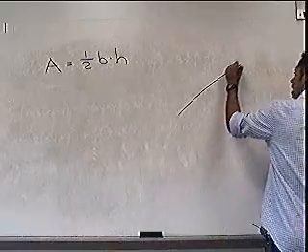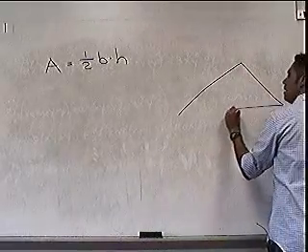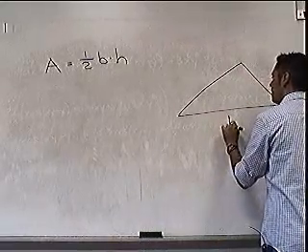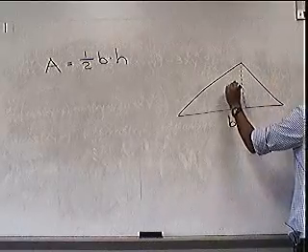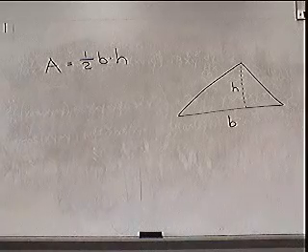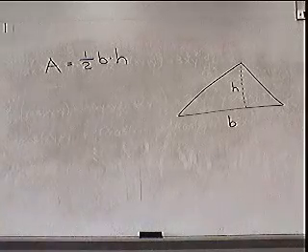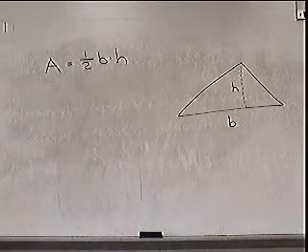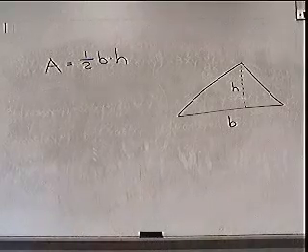So if somebody gives you a triangle like this, and you know the base and you know the height, then that's the formula for the area, isn't it? Right? Okay.